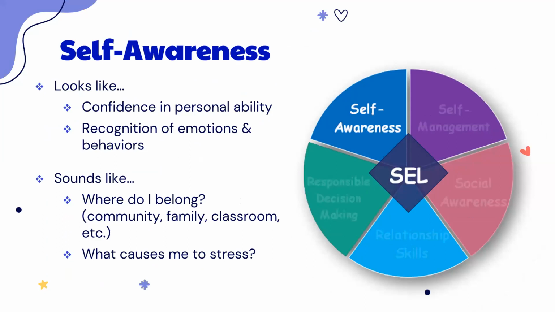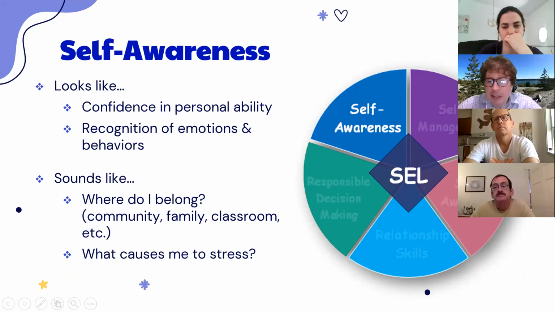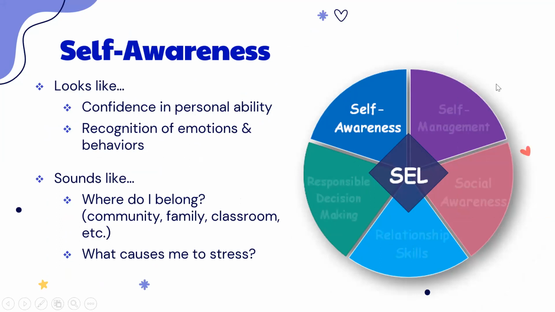We will start with self-awareness. One of the ways we were thinking about each of these is talking about what it looks like, how you're seeing people demonstrating each of these aspects, and what are things that you might hear: questions, comments, stuff like that.